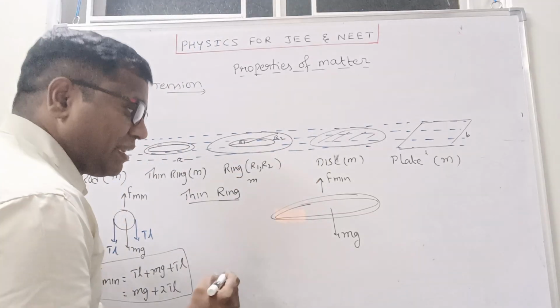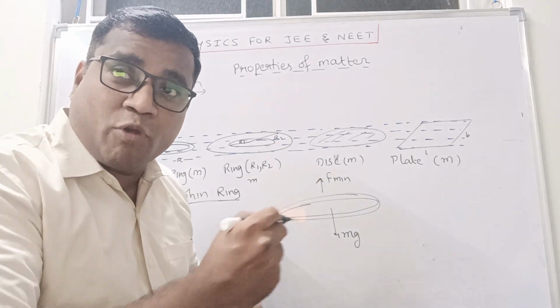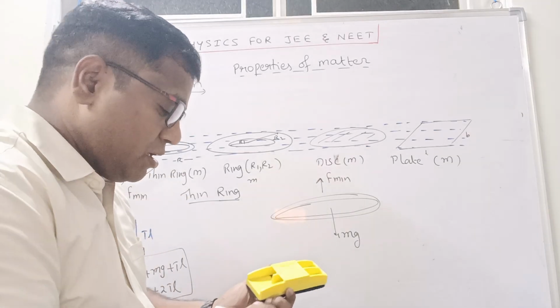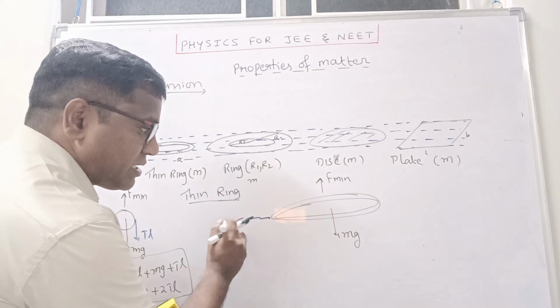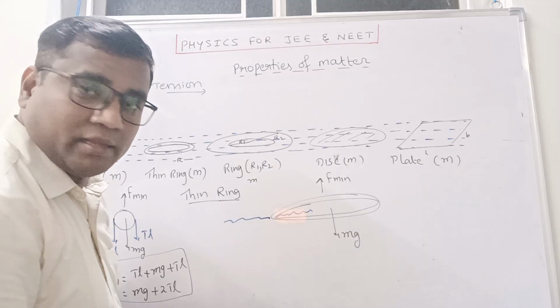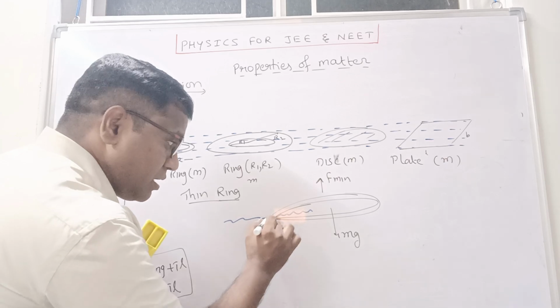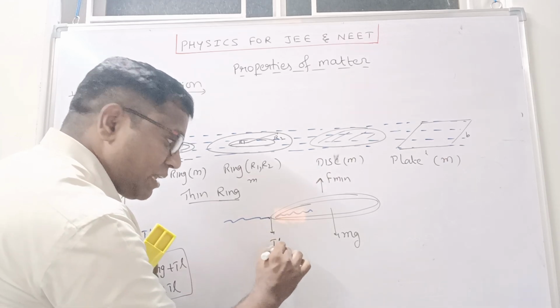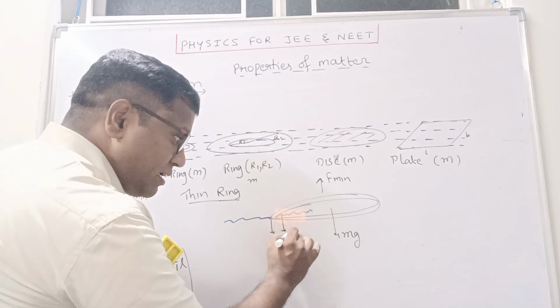So tension into length means here, how many surfaces have contact with the air and water? So here see, water is there, and here also water is there. Correct? So for this outer surface, downward tension into length, and for the inner surface also downward tension into length.